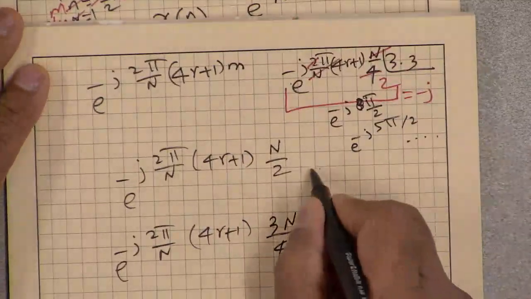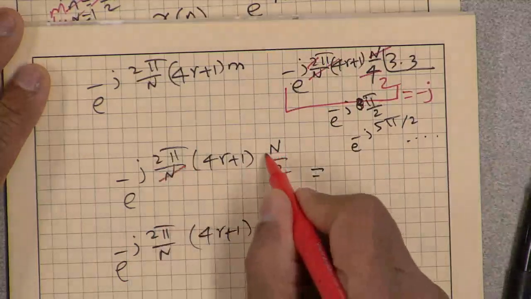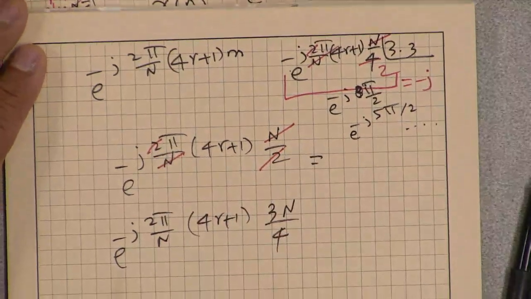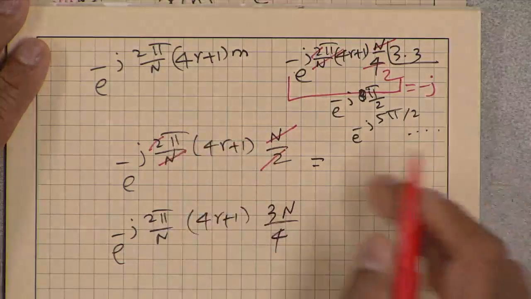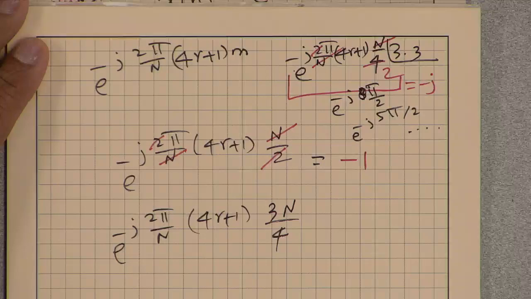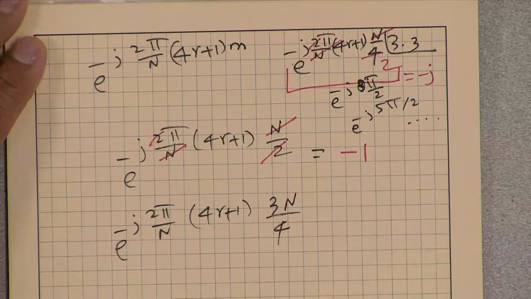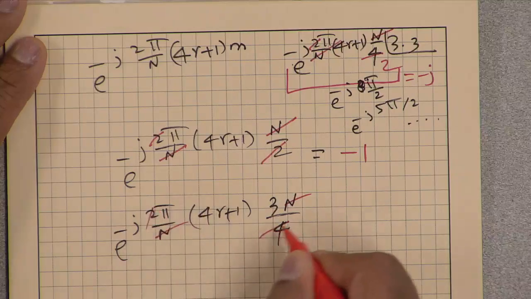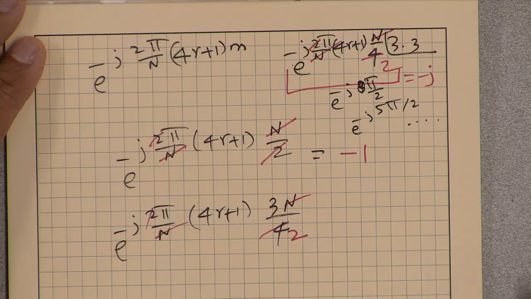Okay, so what exactly are these quantities? Let's take a look. So n is cancelled out, 2 is cancelled out. So this is e to the power minus j and some odd pi, and that's minus 1, right? So that's simply minus 1. If it was even pi, that would be plus 1. What about here? n cancelled out, 2 cancelled out, and this is minus j 3 pi by 2.